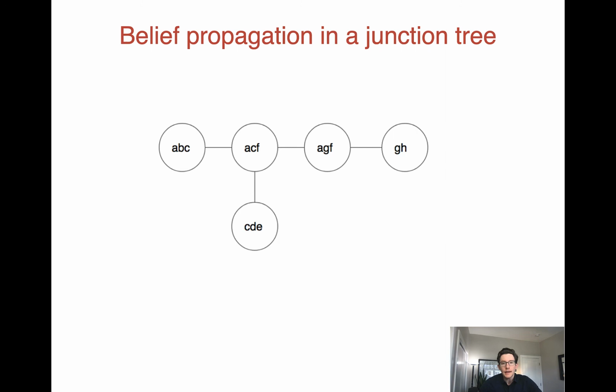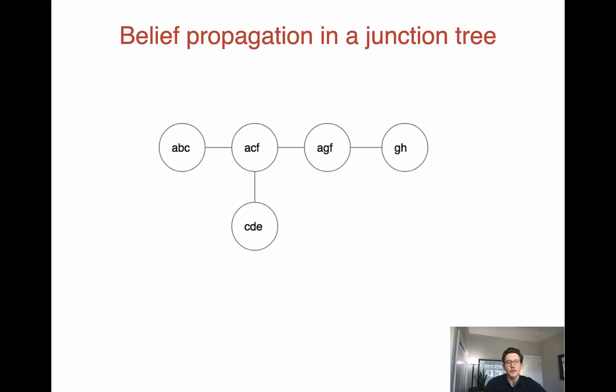So it turns out it lets us define what we call the junction tree algorithm, which is the analogy to the belief propagation algorithm just in a junction tree. So how is that going to work? It turns out it's going to work exactly the same. We're not going to show the algorithm in its full formal definition, but I'm going to give you the idea.